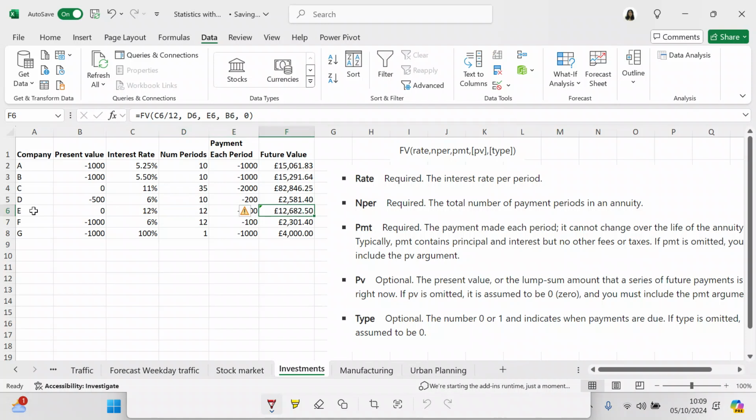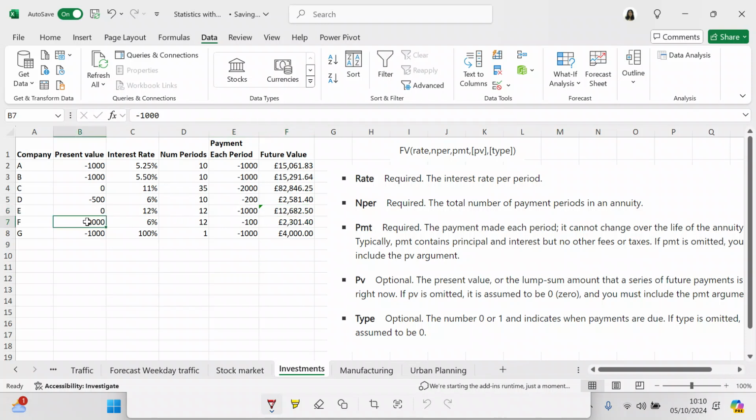And then D6, the number of periods, is 12. E6 is payment each period, which is 1,000. B6 is the starting out value, which is 0, and this is a 0 type of investment.